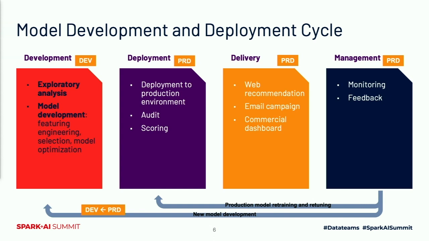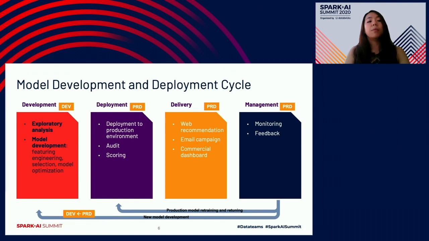During the deployment phase, a model that lives in production can go through a few different processes. For example, it has to be run for everyday scoring, and it can also need to be retrained or retuned every certain period of time. And this can all be done in our production.